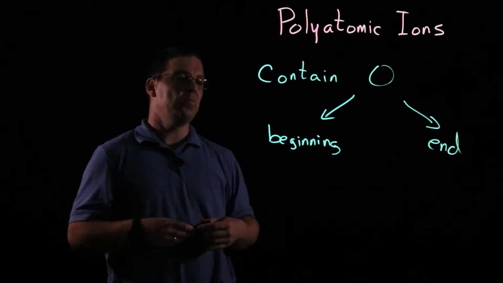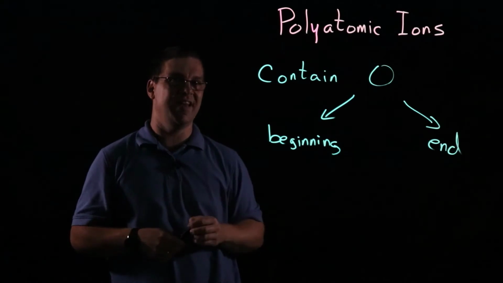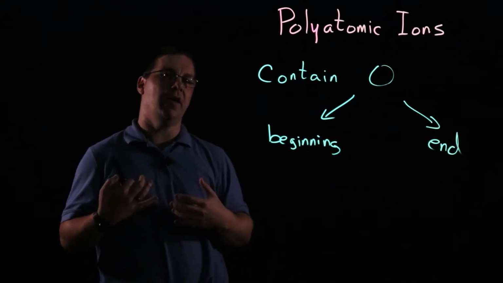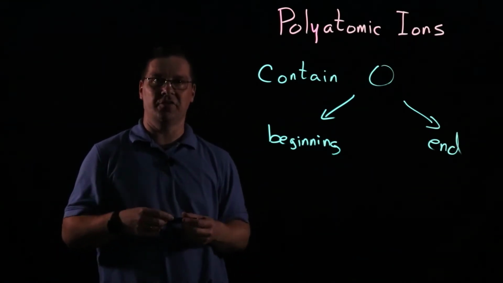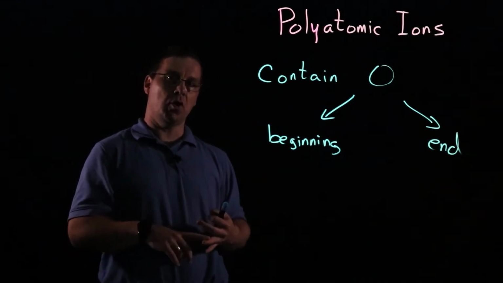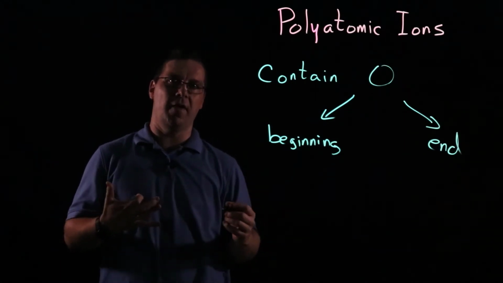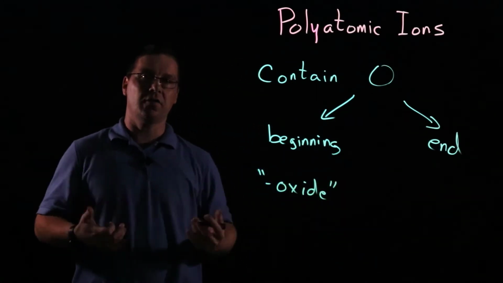For instance, the two that we have that have oxygen at the very beginning, OH minus and O2 with a 2- charge, are named respectively hydroxide and peroxide. And both of those names have the common ending oxide.